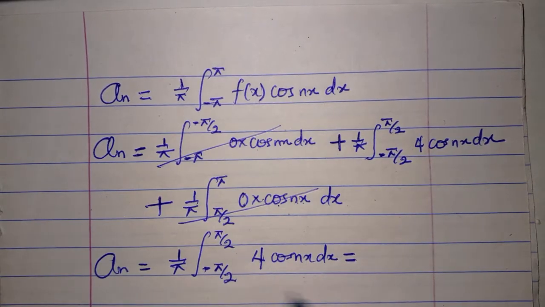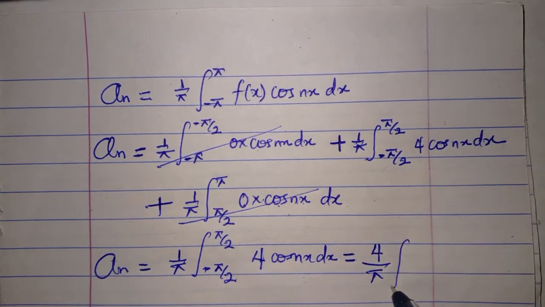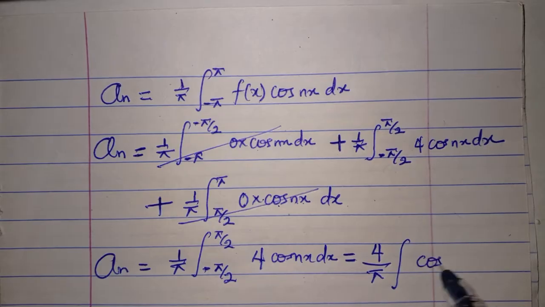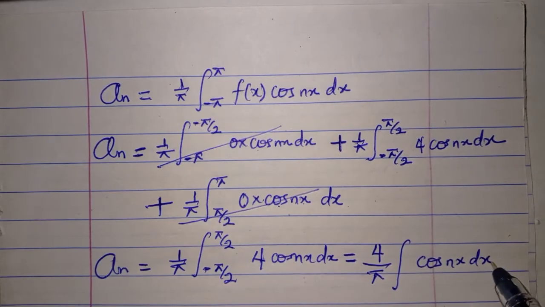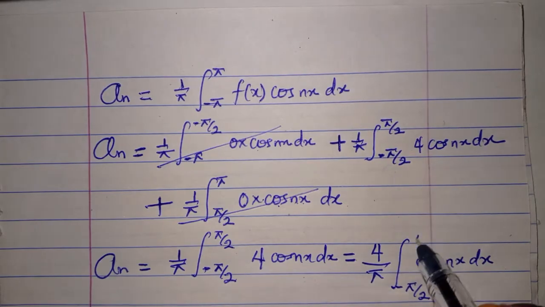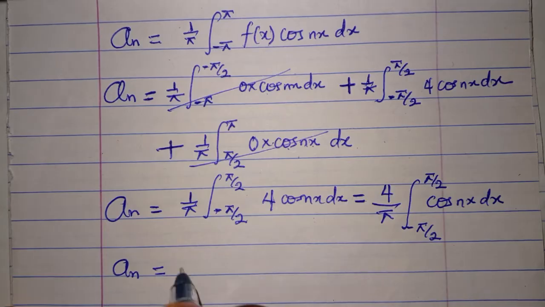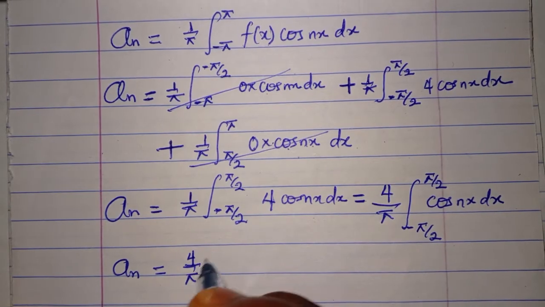The 4 can come out because it's a constant. We now have 4 over pi times the integral of cos nx dx from negative pi over 2 to pi over 2.